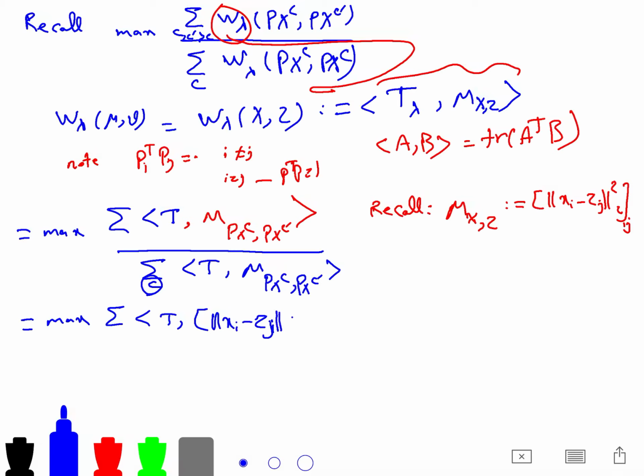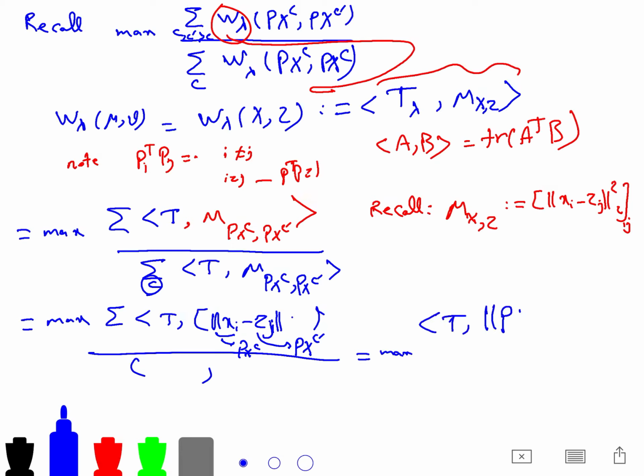Now this xi is Pxc and zj is Pxc prime, divided by the denominator, and this is maximize over T, and by substituting that, it means the norm of Pxc minus Pxc prime squared divided by the denominator.